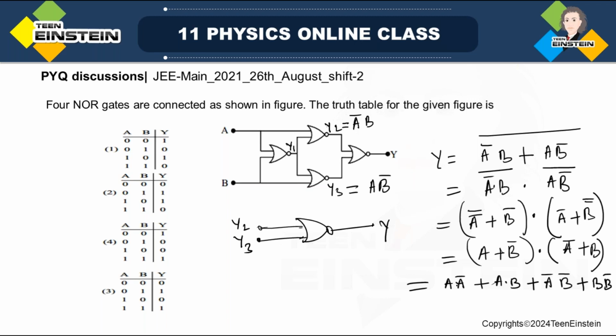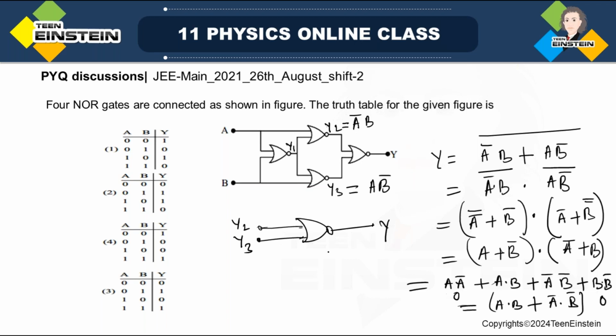So a and a bar, b and b bar, this will always give you 0. So you get the output a and b or a bar and b bar.